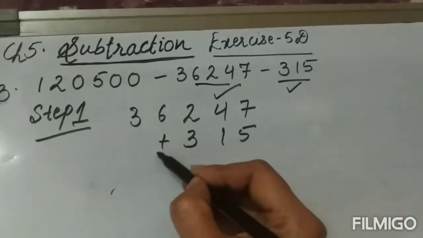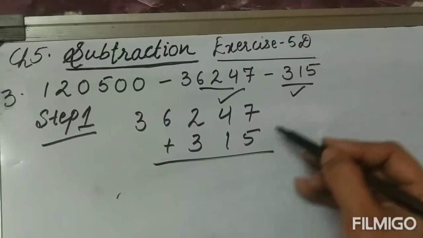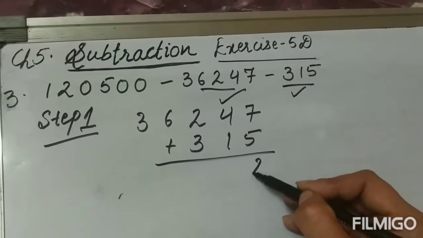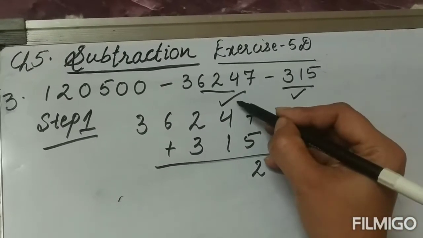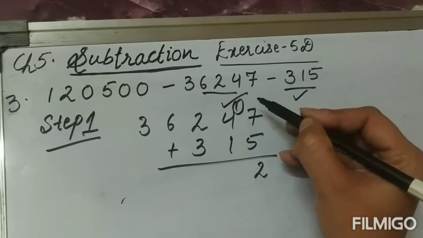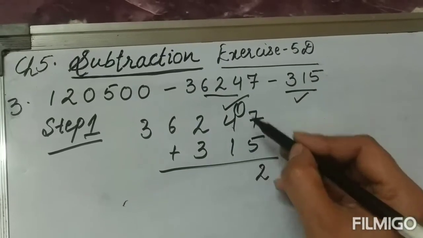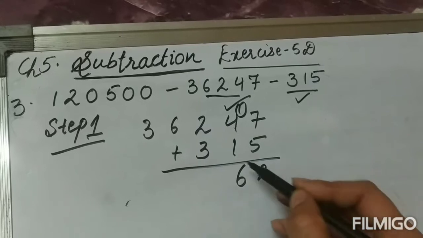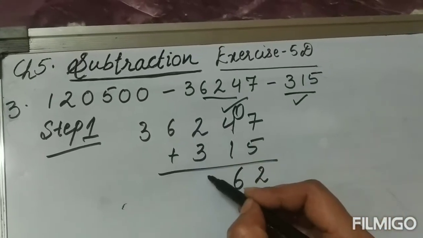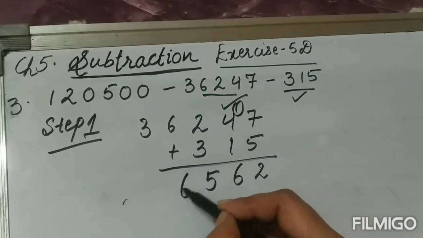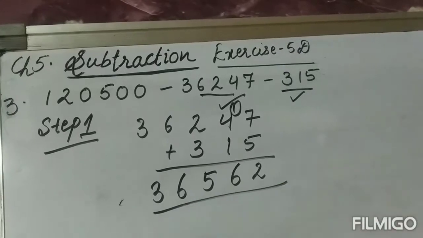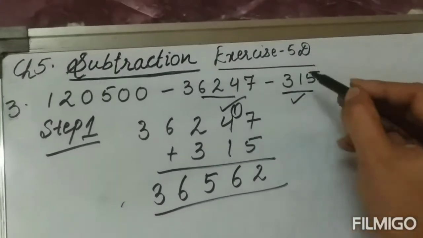We will add these two. 7 plus 5 is 12, 1 carry, 4 plus 1 is 5 plus 1 is 6, 2 plus 3 is 5, 6 and 3. This is the addition of these two numbers.